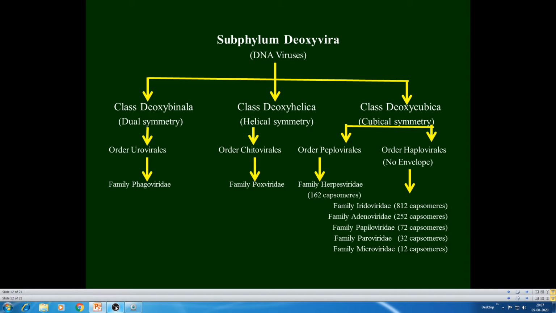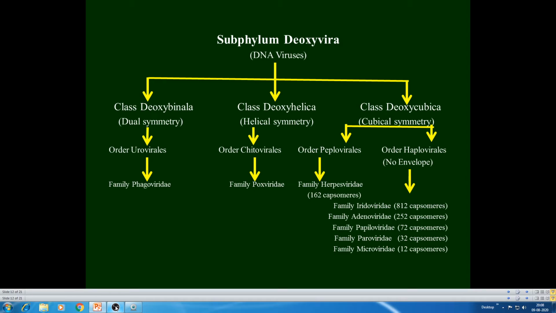Could you follow me? The subphylum Deoxyvira is divided into three classes: class Deoxybinala, class Deoxyhelica, and class Deoxycubica. Deoxybinala means dual symmetry, helica means helical symmetry, cubica means cubical symmetry. Then the class is divided into orders. Deoxybinala has only one order, Urovirales, which has only one family, Phagoviridae.